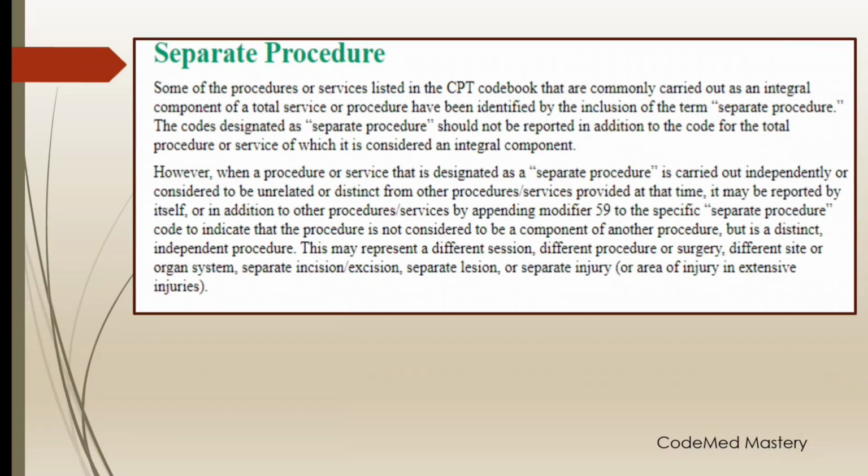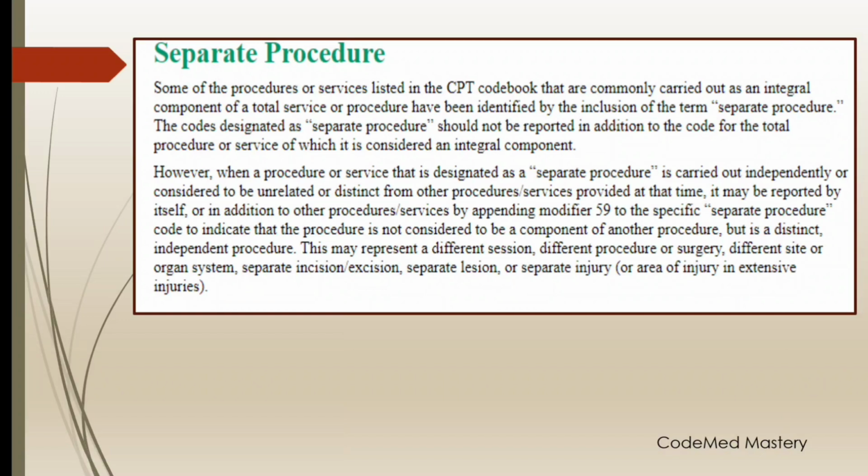However, when a procedure or service that is designated as a separate procedure is carried out independently or considered to be unrelated or distinct from other procedures or services provided at that time, it may be reported by itself or in addition to other procedures or services by appending modifier 59 to the specific separate procedure code to indicate that the procedure is not considered to be a component of another procedure, but is a distinct independent procedure.